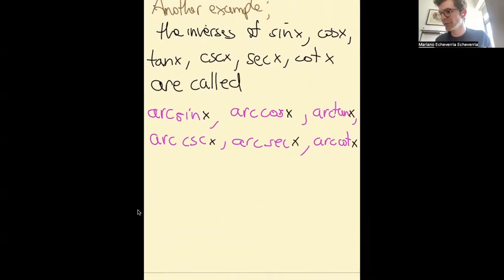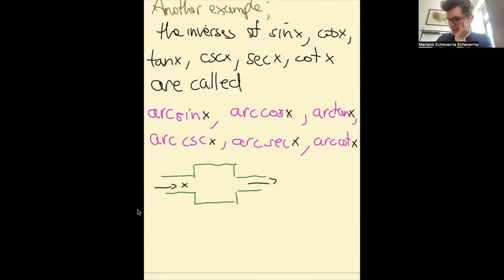So for example, what that means is, just to give you this more pictorially, if you had x that gets sent to sine of x, if this is the function sine of x, what arc sine does is undo this function.